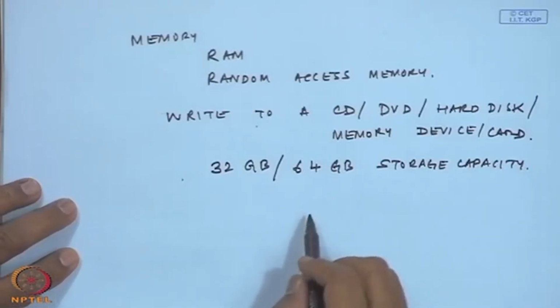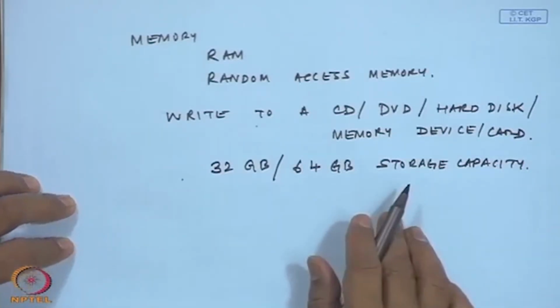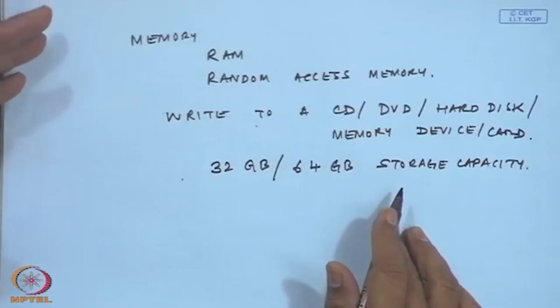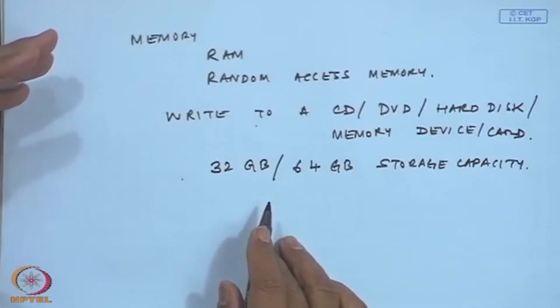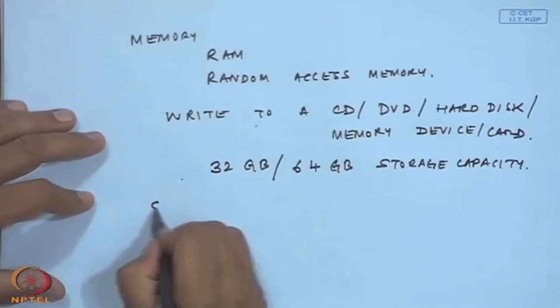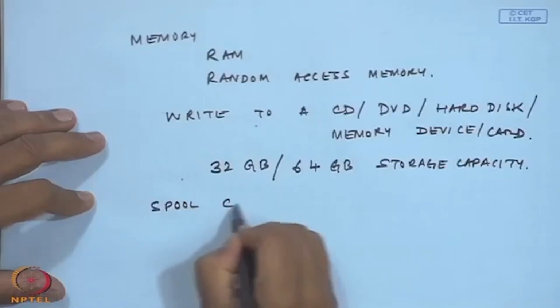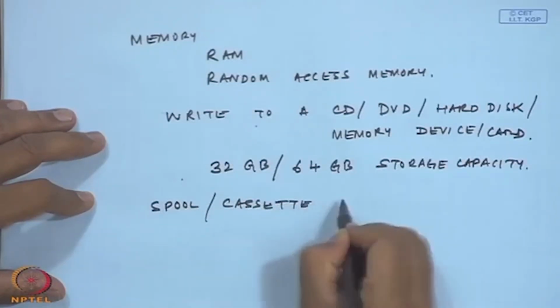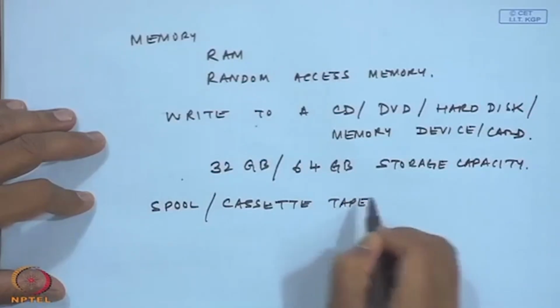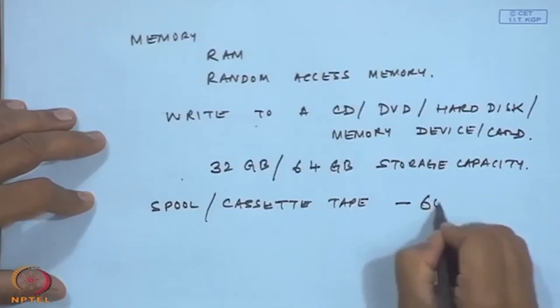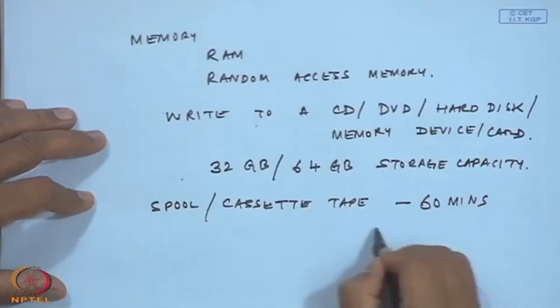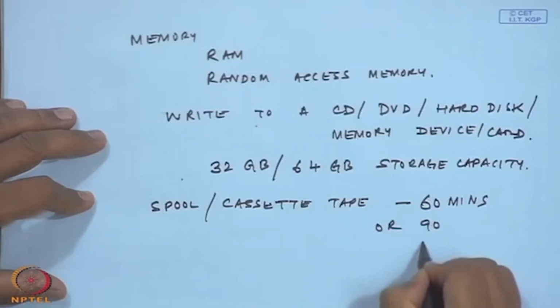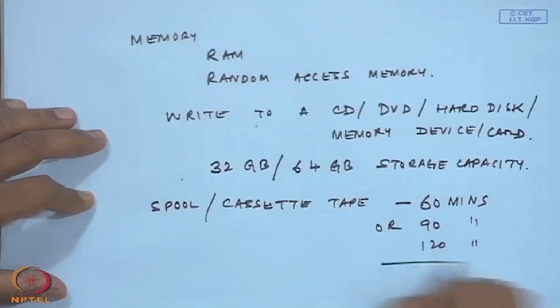And these are compared to the data recording facilities we had in the 60s, wherein a typical spool or cassette tape would at most store 60, 90 or 120 minutes of data.